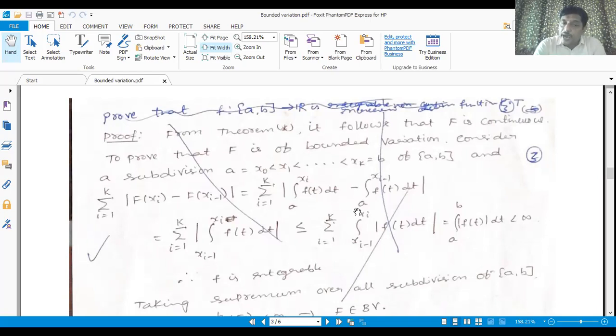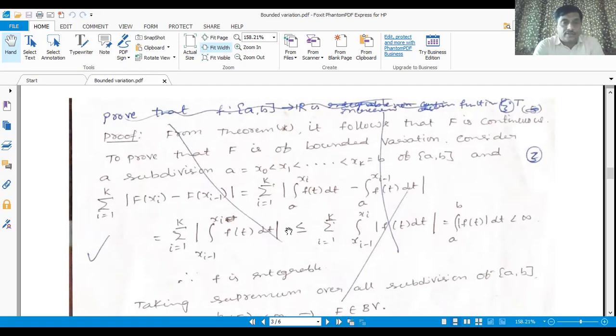If you expand this interval a to xi, the parts from a to xi minus 1 get cancelled with each other because of the lower limit and the minus sign, or we can use the properties of the integral from a to b minus the integral from a to c. The lower limits cancel, and you get the integral from xi minus 1 to xi of f of t dt.